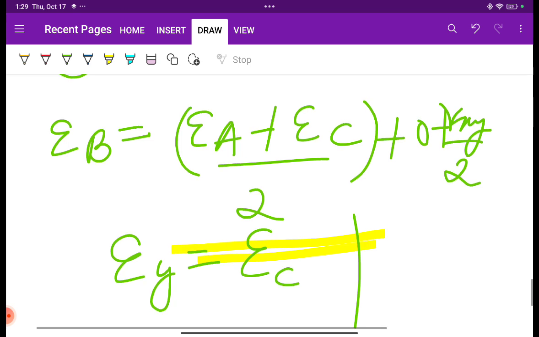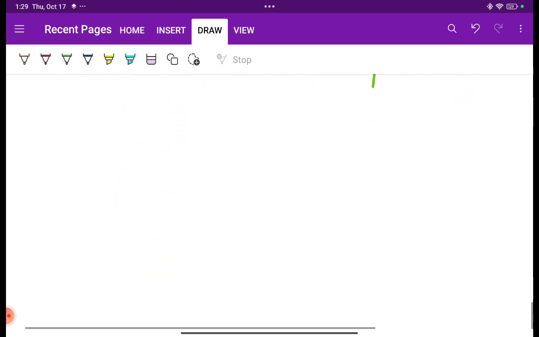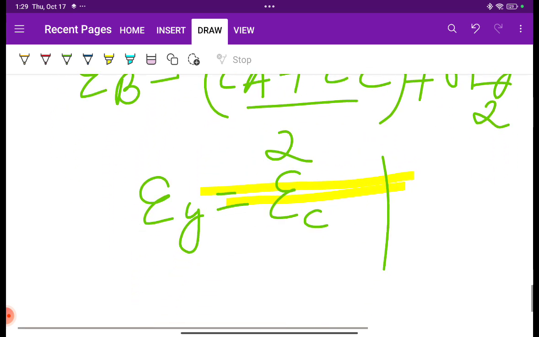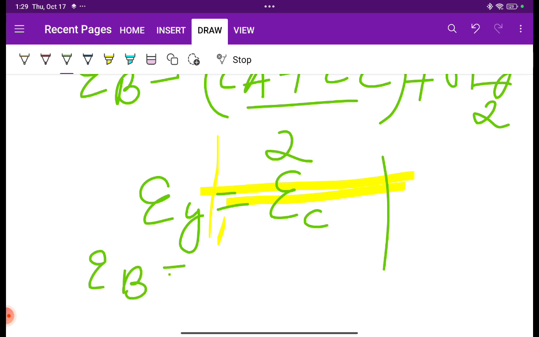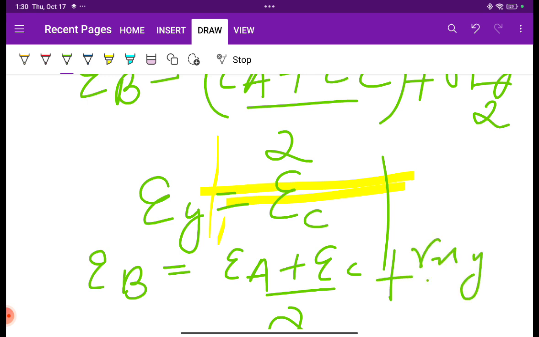So we found our sigma B, which is equal to sigma A plus sigma C upon 2 plus gamma xy.